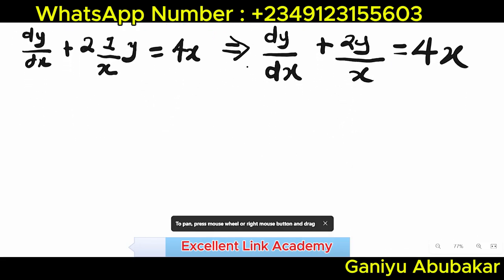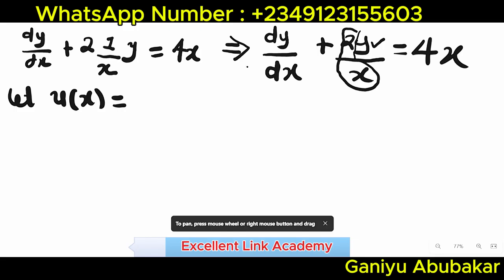From here, let's get the value of u of x. We said u of x is always the term attached to y. In this case, if you observe, this part here is y. The thing attached to y is 2 over x.